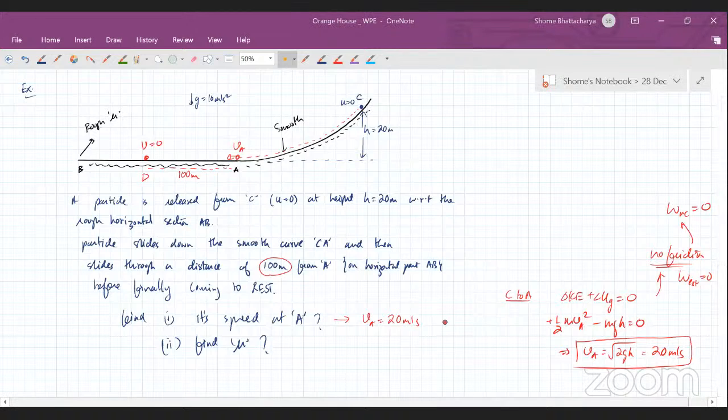Yes, that's correct, right? Anybody else got the value of mu?